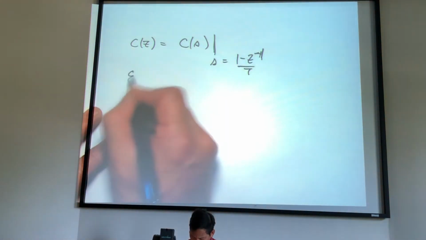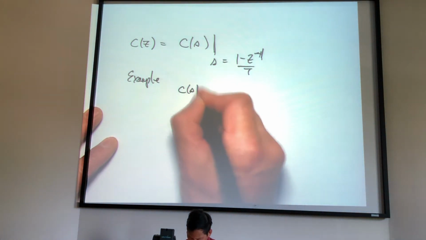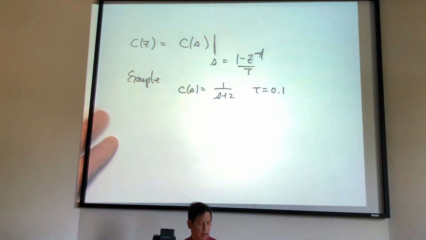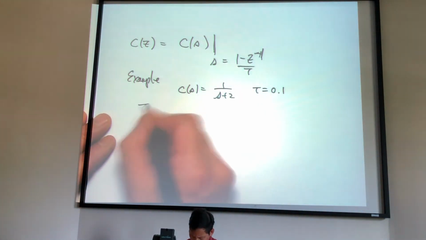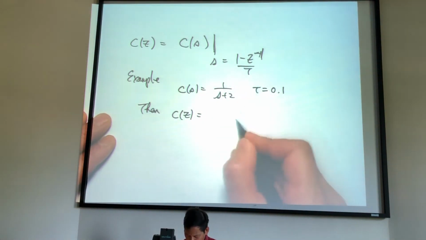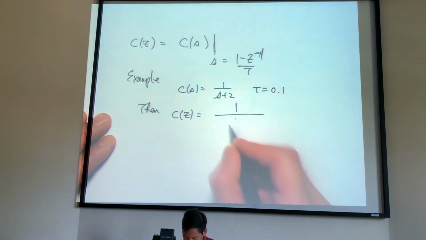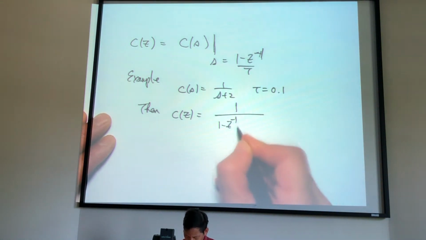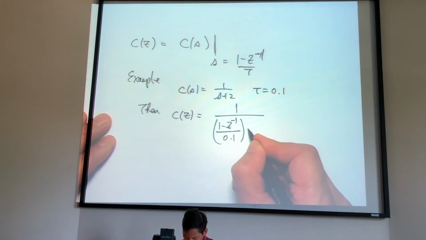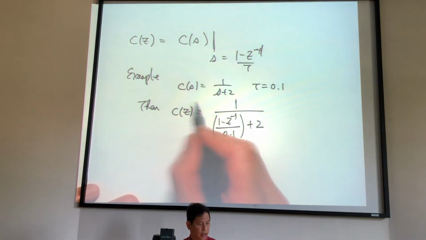So as an example, let's suppose C of s was 1 over s plus 2, and t was equal to 0.1. Then C of z is, I write this expression, 1 over s, but wherever I see s, I put in this number, 1 minus z to the minus 1 divided by t, but t is 0.1.